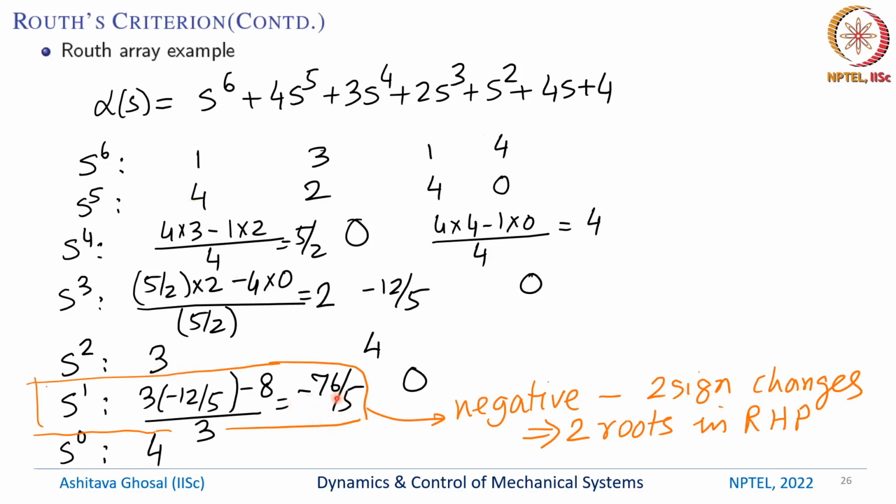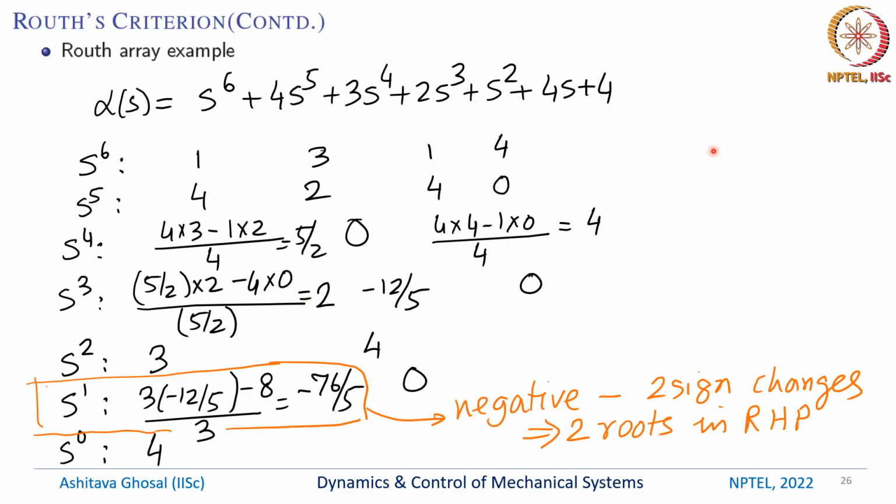This is minus 76.5, and again the last row will get 4. So due to this negative sign, there are two sign changes. That is what Routh said. You go from 3, which is positive, to minus 76.5, which is negative, and again positive. So if there are two sign changes, there are two roots in the right half plane for this polynomial.